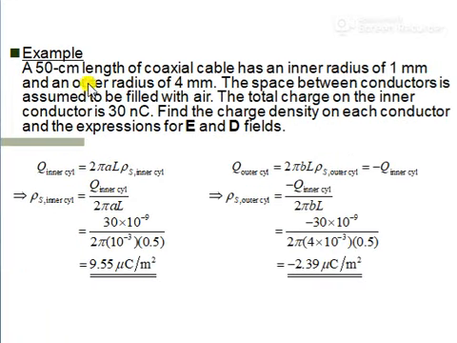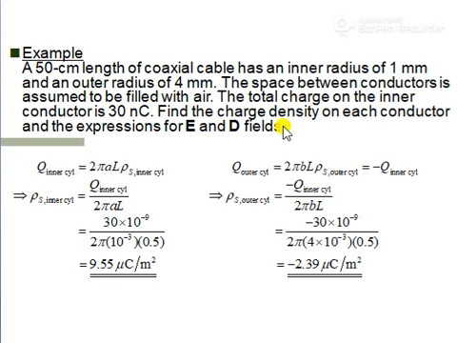A 50 centimeter length of coaxial cable has an inner radius of 1 mm and an outer radius of 4 mm. The space between the conductors is assumed to be filled with air. The total charge on the inner conductor is 30 nanocoulomb.